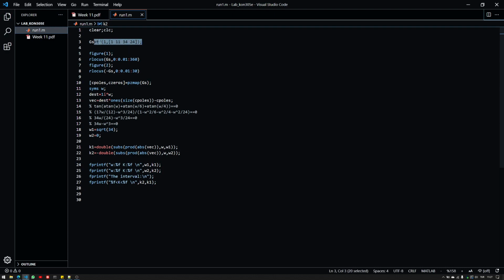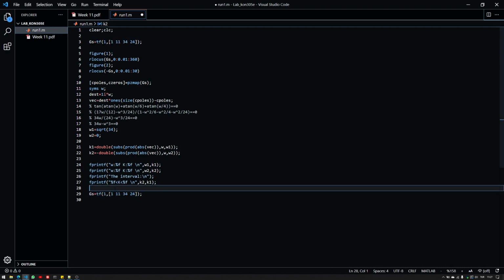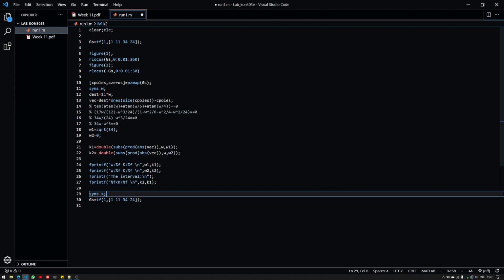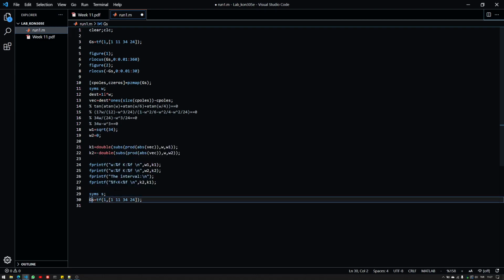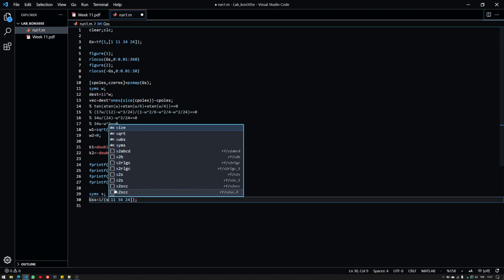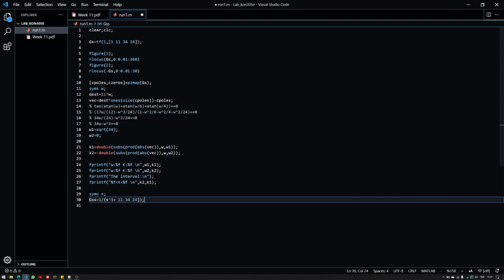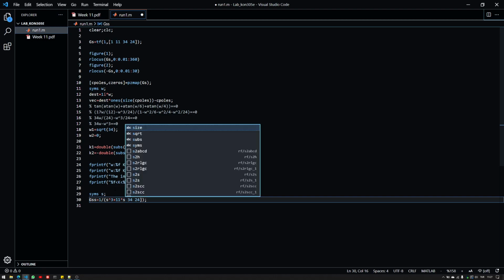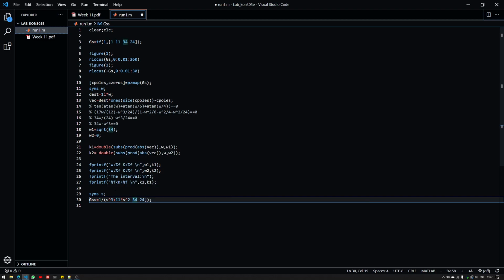If you have the transfer function here, you can define this transfer function using the symbolic toolbox as follows: s cubed plus 11 times s squared plus 34 times s plus 24.